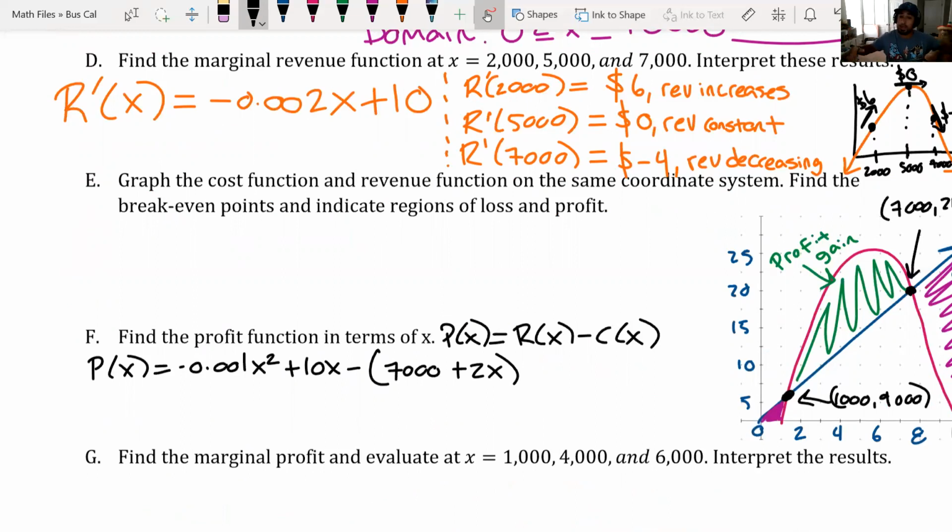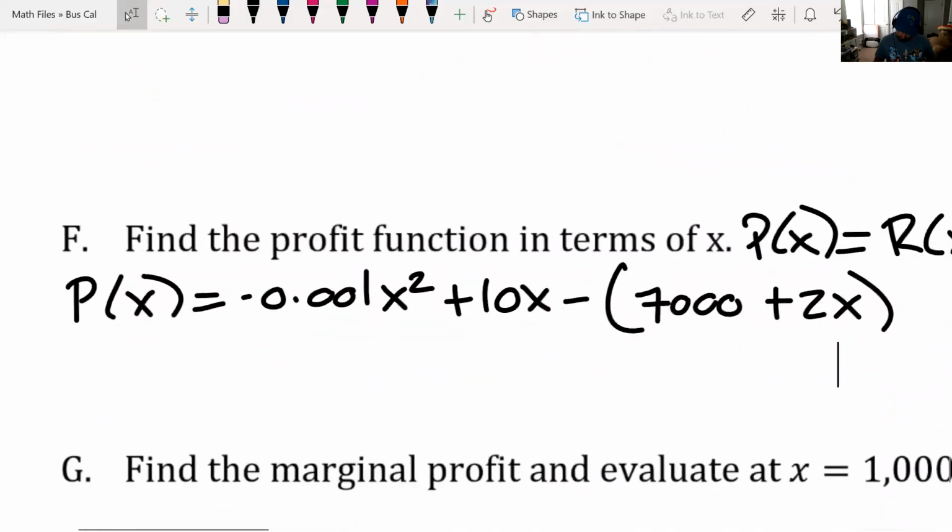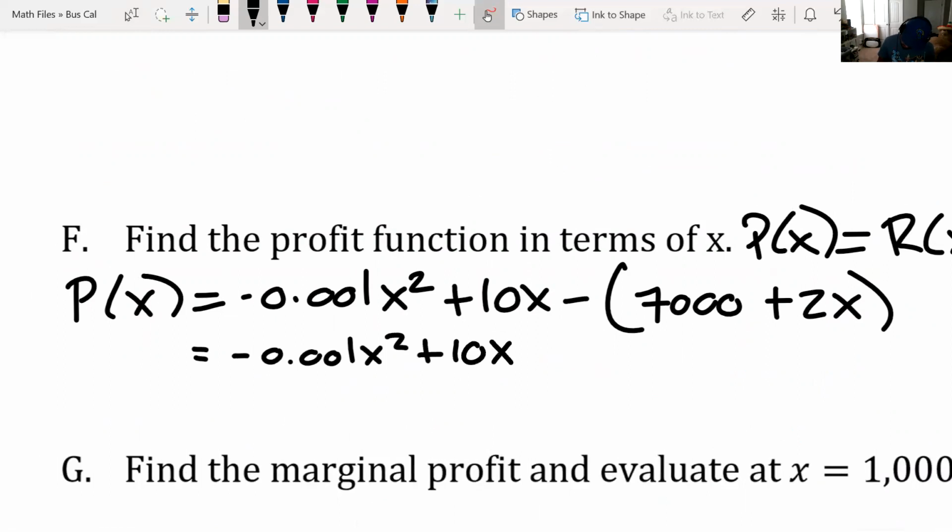And just simplify and solve for x. Make sure to distribute that negative.